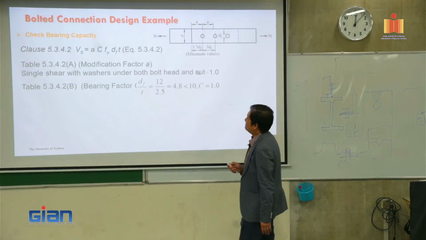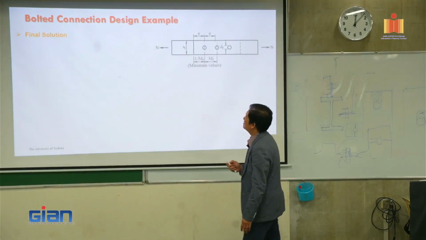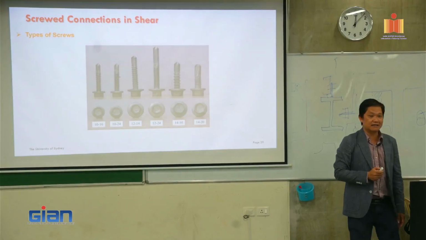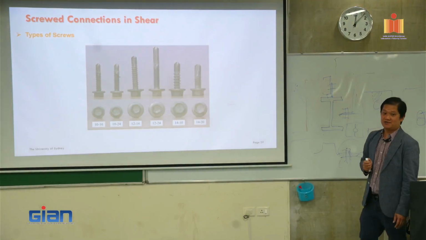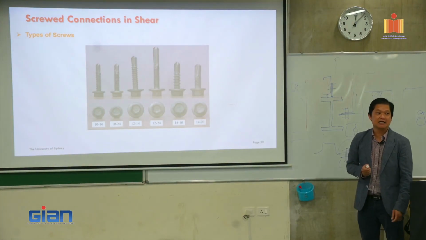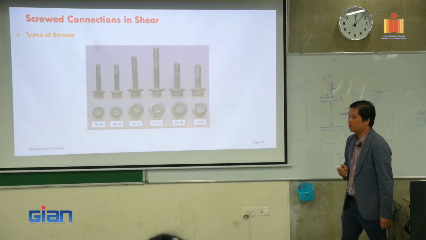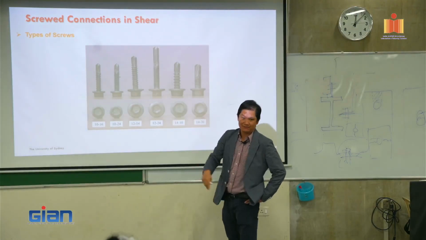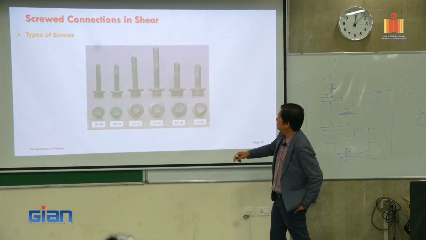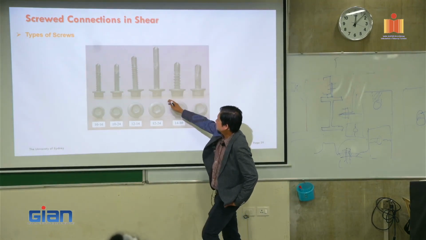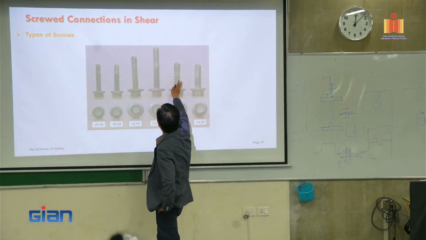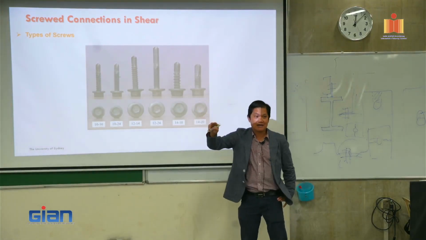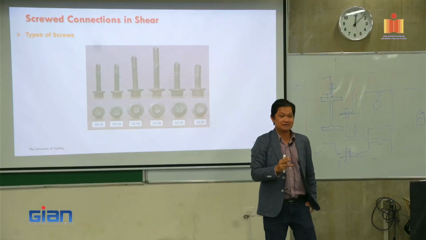Right, so now we're coming to the next type of connection. I think it's interesting, because it's very popular and very common in cold formed steel: the screw connection. Here I'm showing you different types of screws, from a big one to a smaller one with different diameters. Those are self-tapping.